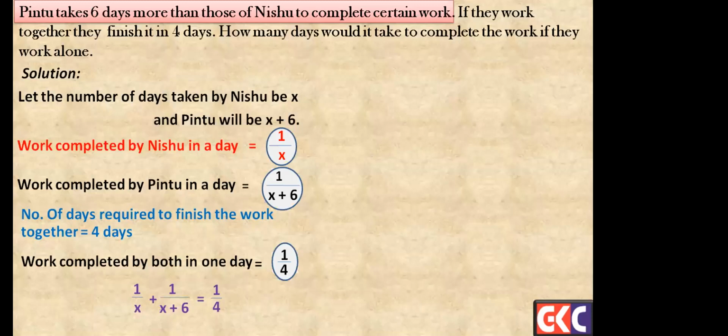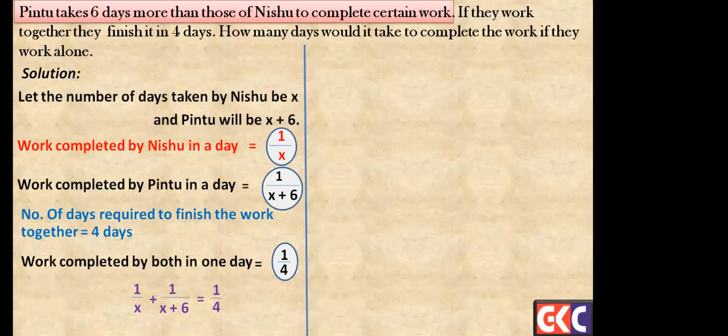Okay, let's move on, because our quadratic equation has not been formed yet, as I told everyone earlier. So here framing the quadratic equation is necessary. How to frame it? What should I do? Yes, definitely, I should find the LCM. I have 1/x plus 1/(x plus 6).